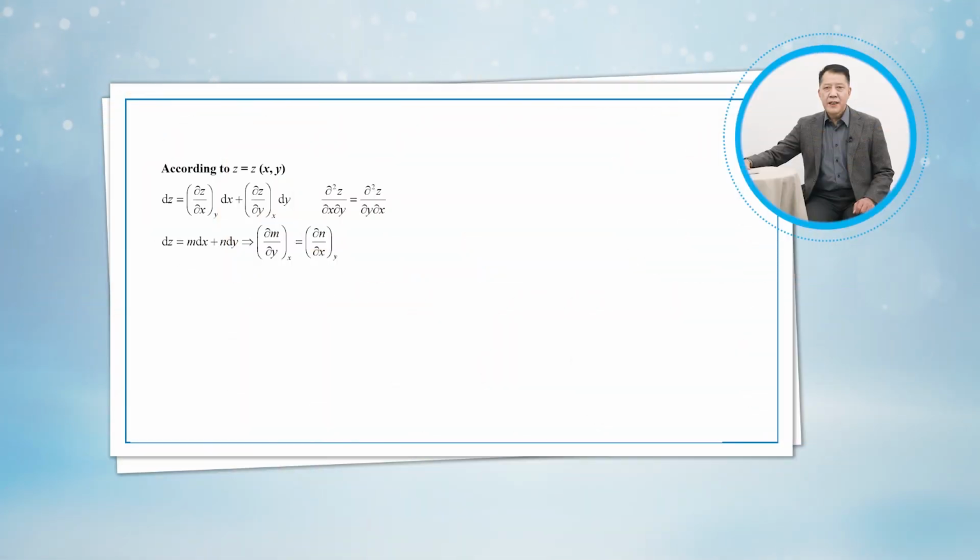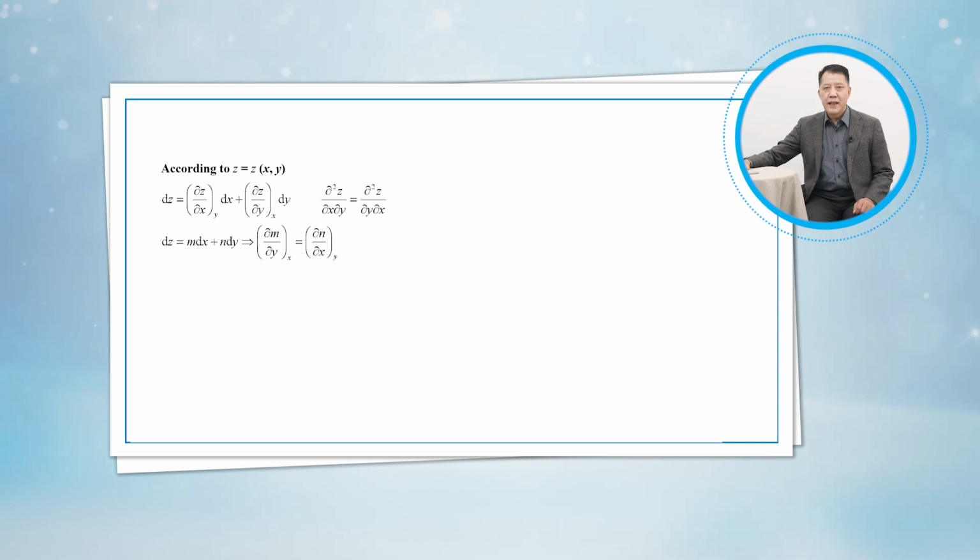The topic of this task is about the Maxwell relations. For a function that depends on two variables, such as z equals z(x, y), we have obtained the fundamental relation for the total differential of a dependent variable in terms of its partial derivatives with respect to the independent variables.